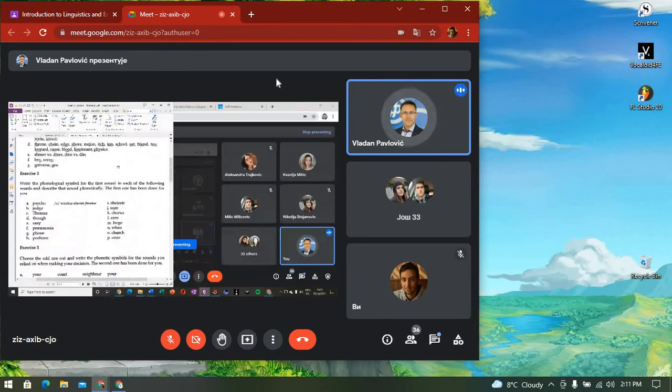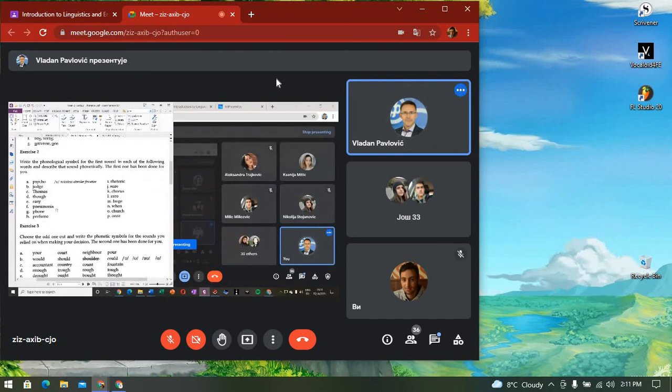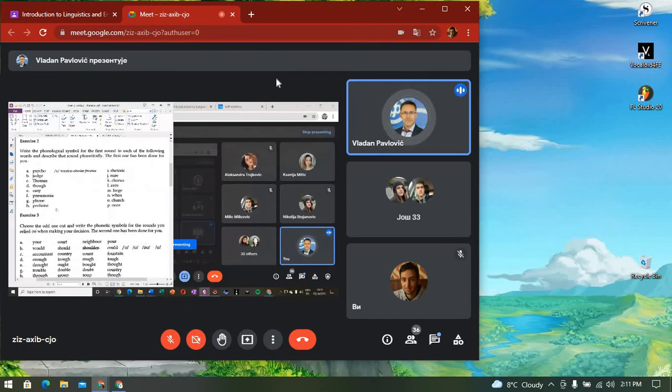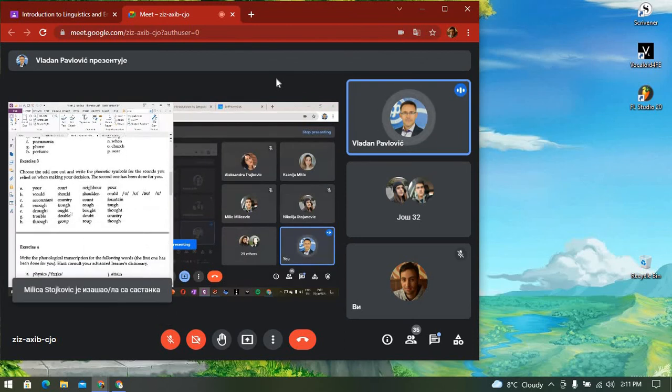Dakle, eto, to je bilo ovde na handoutu. Napišite čak ne ni celu reč, što sam ja pisao u ovom svom pomoćnom dokumentu, nego samo jedan glas, valjda možemo jedan glas da napišemo. A nije ih malo, u engleskom ima 44 foneme, u srpskom 30. Dalje, šta smo ovde imali?